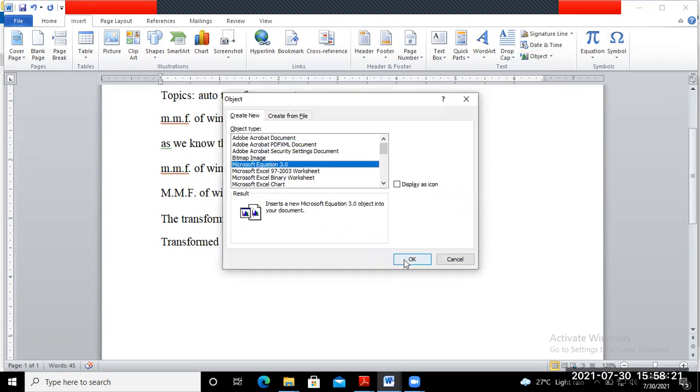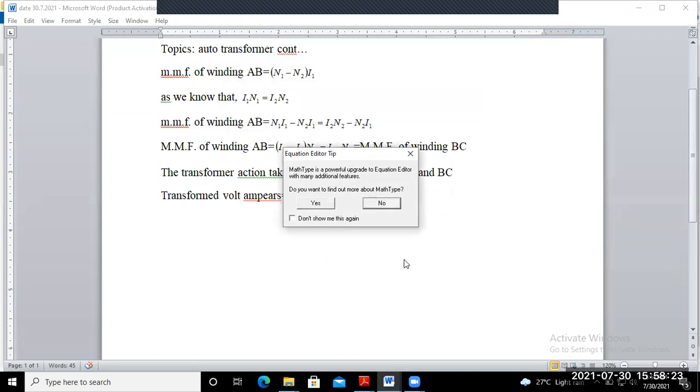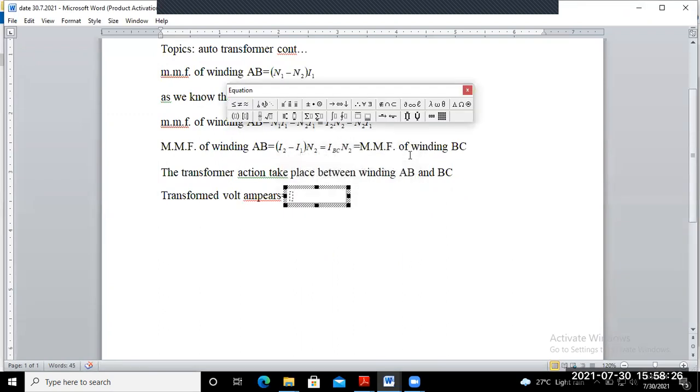So what is the voltage of winding V_AB? That means E_AB into I_AB. So V_AB is equal to, if you follow the schematic diagram, V1 minus V2, and I_AB is your I1.